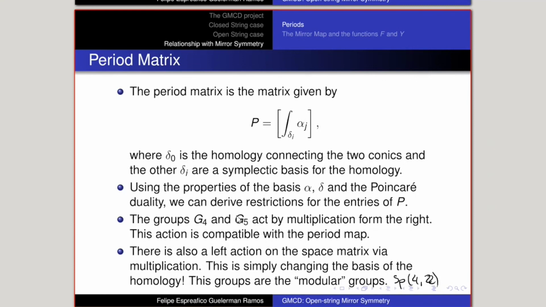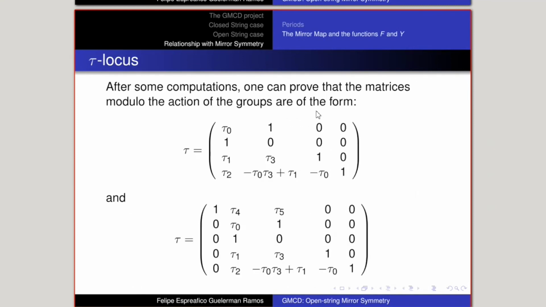But if you quotient by these two groups acting from the right, you get fundamental domains like this. So the period matrices will always be written as this for S and this for T. Sorry, the opposite. This for S because dimension 4, and this for T. And in the end, you can show that these are dimension 1 and only depend on tau 0.